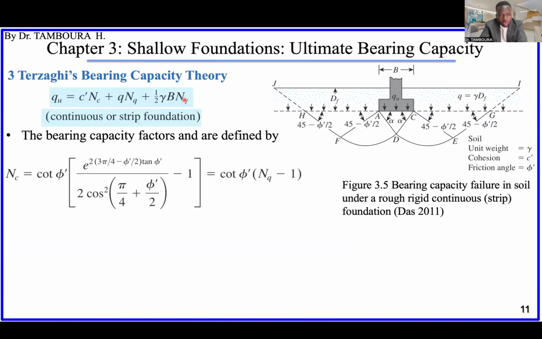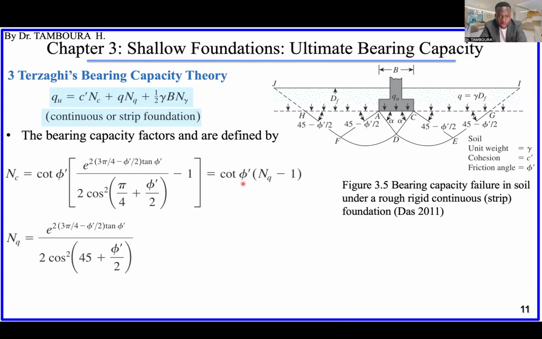Okay, so for N_c, for example, this is the formula you have to use. If you check in this equation, the only unknown is phi, the friction angle of soil. Okay, the simplified form is here. But in this simplified form, you have N_q, so you have to find N_q first before getting N_c. And N_q itself, which is this one here, is defined here.